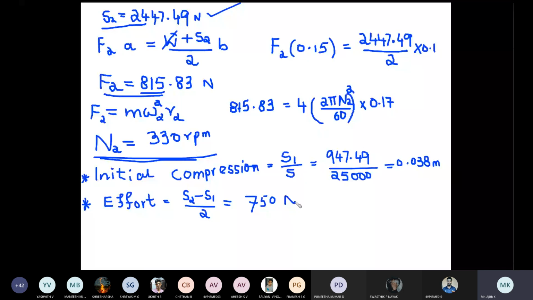And the last sub question, power. During the Porter governor, I told you power is given by effort into lift. This is common for both Hartnell and Porter governor.